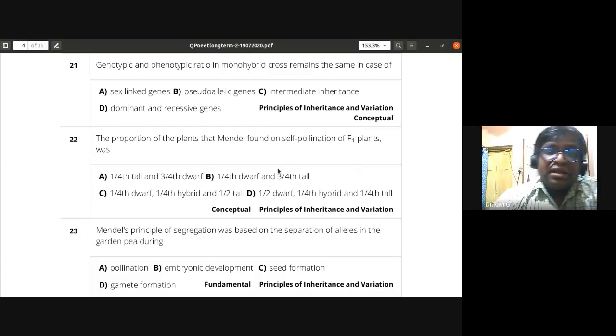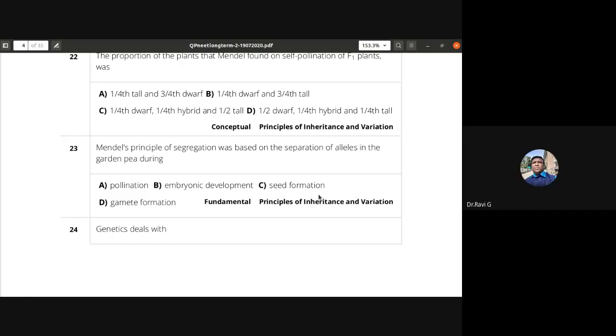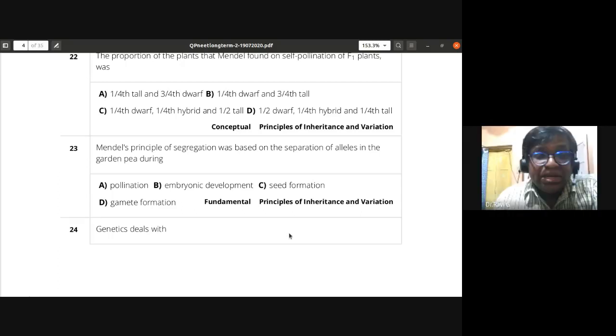Okay. So the next question is: Mendel's principle of segregation was based on the segregation of alleles in the garden pea. So during which stage? Pollination, embryonic development, seed formation, or gamete formation?